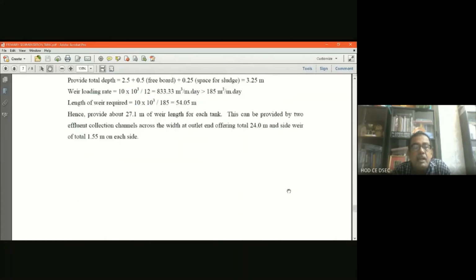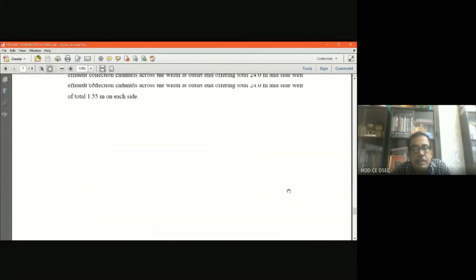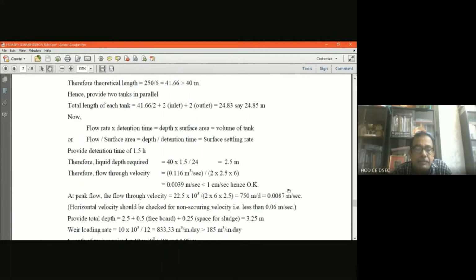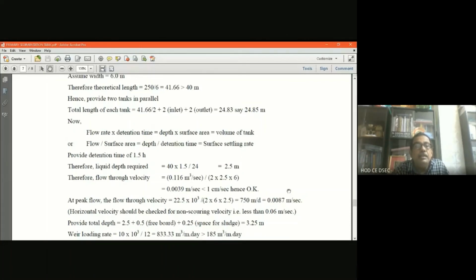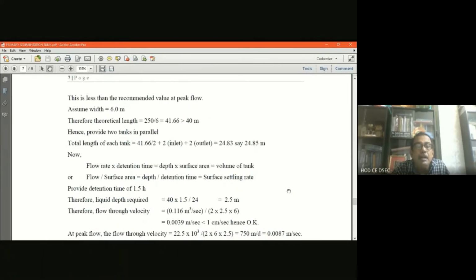So this is what I have described to you, how to design the primary sedimentation tank, and I have given you the application of the surface overflow rate as well as the settlement rate, that is flow by surface area.